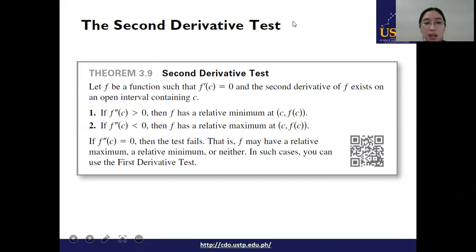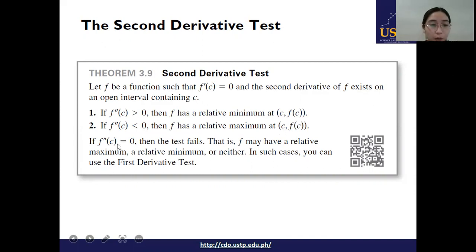Number 1, if f double prime of c is greater than 0, then f has a relative minimum at c, f of c. If f double prime of c is less than 0, then f has a relative maximum at c, f of c.